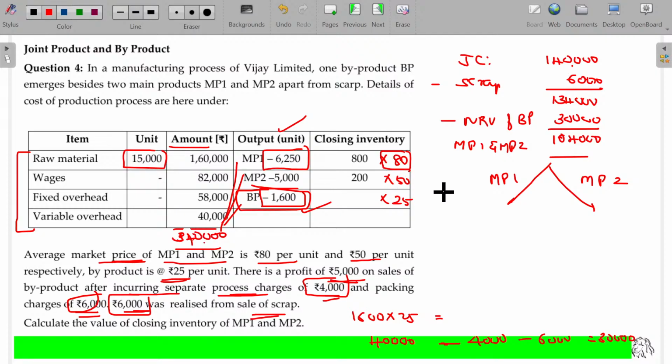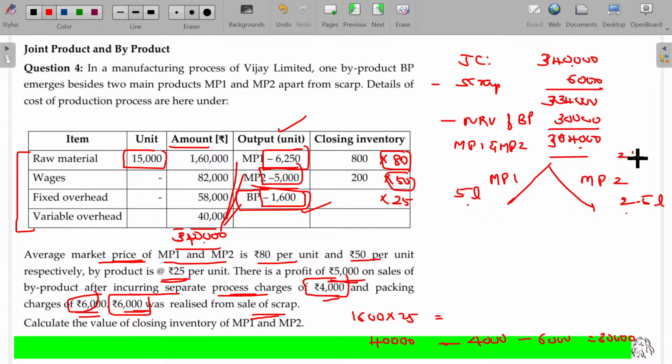If you multiply these two, what is the value you are getting? 6,250 into 80. Make it faster. 5 lakhs. Here, 5,000 units at rupees 50 each, 2.5 lakhs. This entire cost should be shared using this ratio. 1 lakh 4,000 should be shared in the ratio of 5 lakhs and 2.5 lakhs.